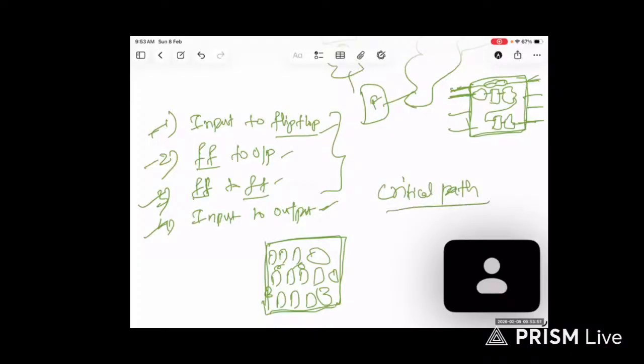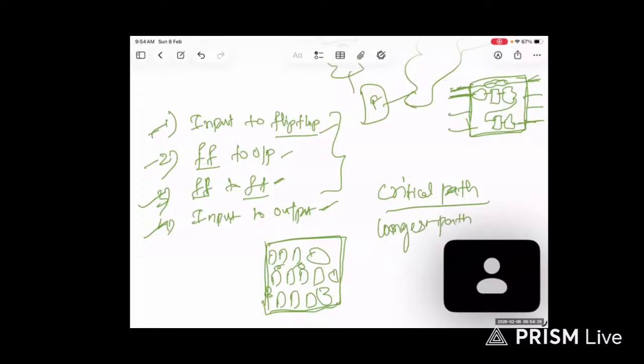It's going to be flop to flop. Flop to flop is going to decide the frequency of the chip. So you will have multiple flip-flop to flip-flop paths inside the design. In the design, which is going to be the longest path?